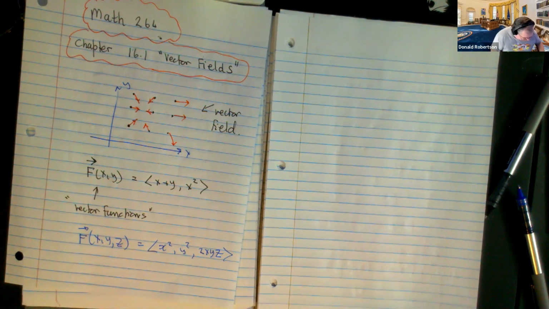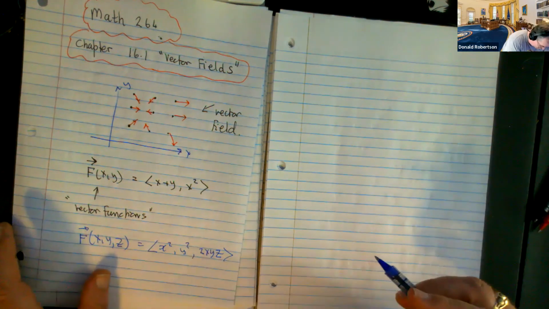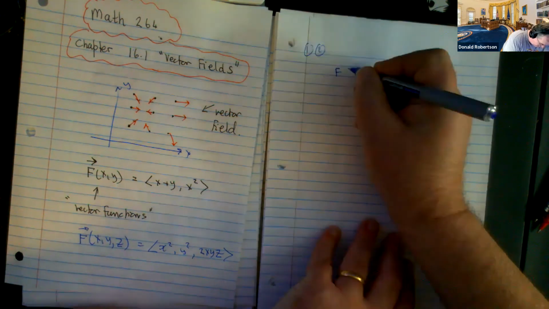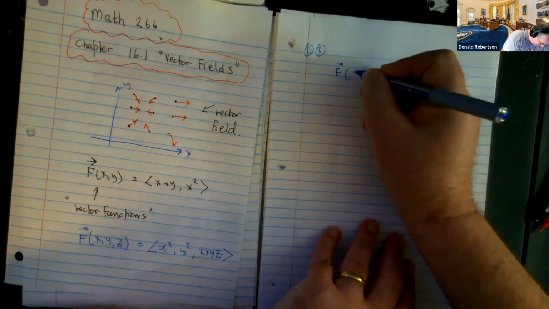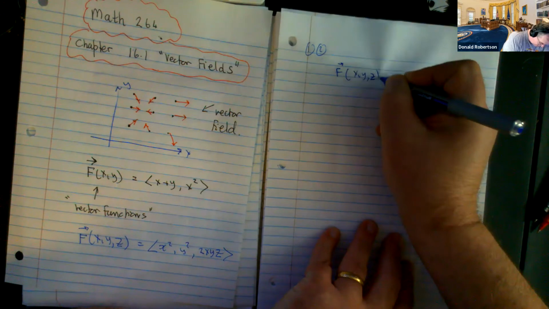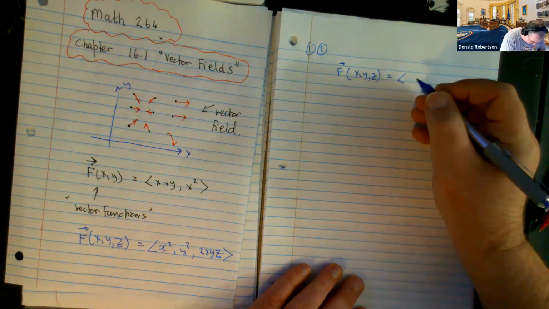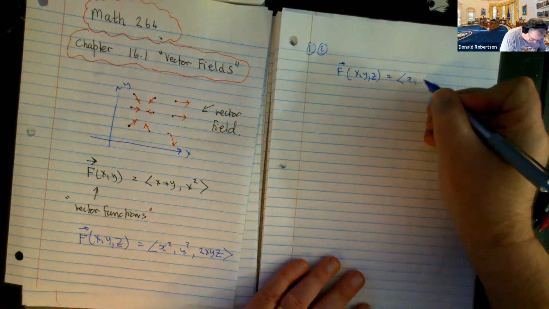So computation, nice easy question. This is a version of question 1 and 2. I'll make up my own vector function. Let's suppose our vector function says at the point x, y, z, the vector that you get at that point is given as x, y, and 2z.